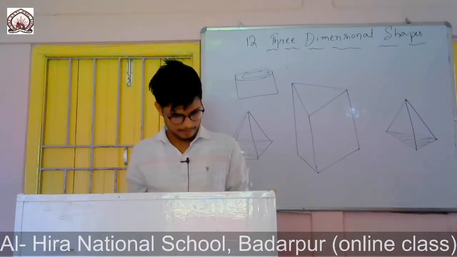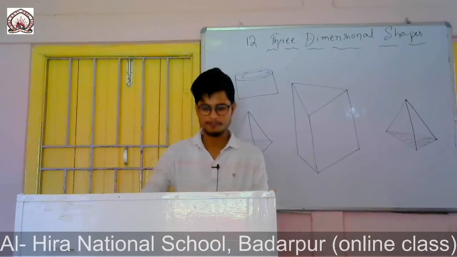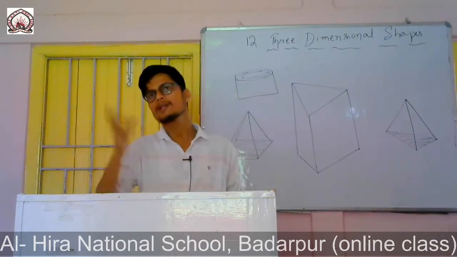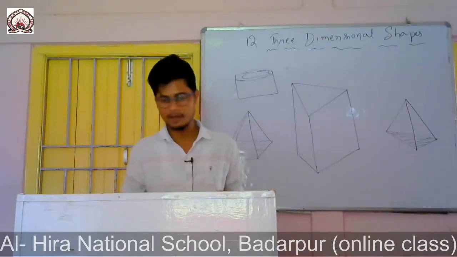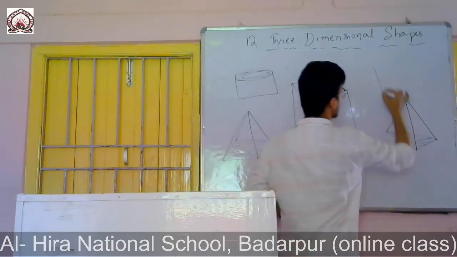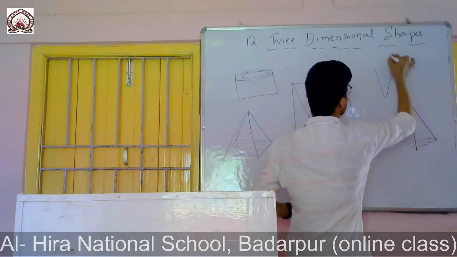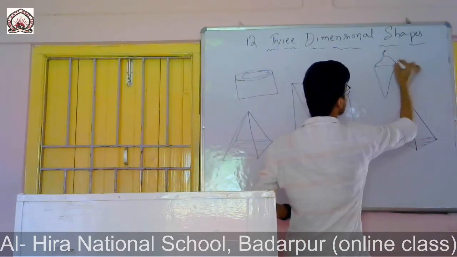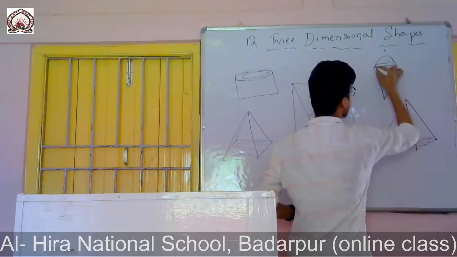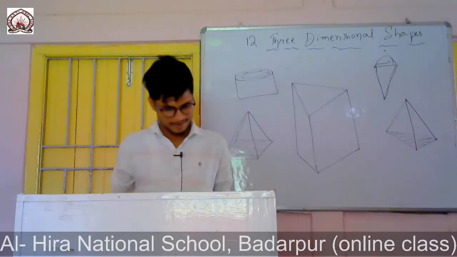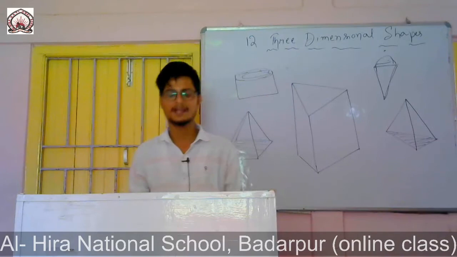Then comes the cone. The conical shape, you have seen whenever you went to an ice cream shop, they gave a cone like this on which ice cream is placed. This shape is a cone. Then comes the funnel.